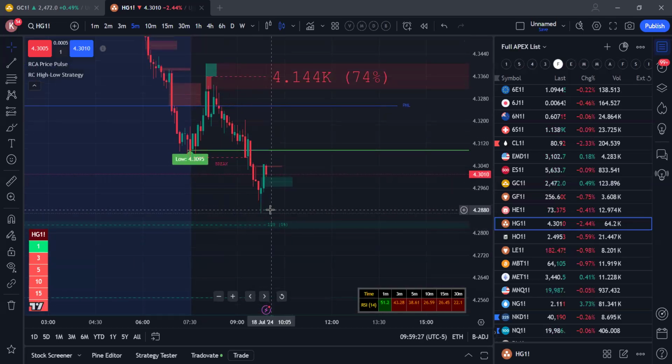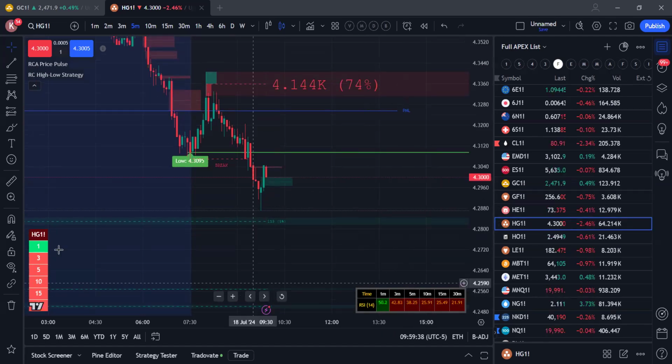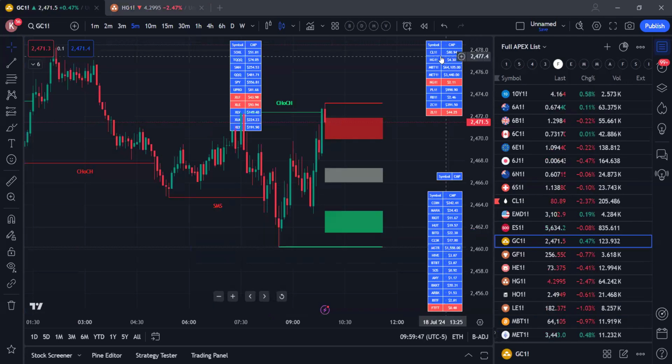There is no major buy order block for us. So it may be only a small profit you can make even if you enter. It may just go till here and then break. So again, you don't see much confluence, right? Most of it is red. Only 1 minute is in green. So we will avoid copper also.